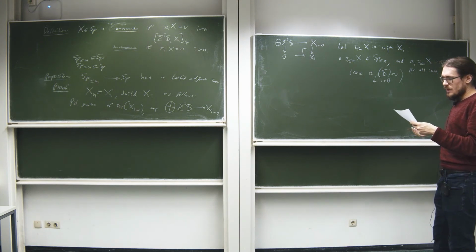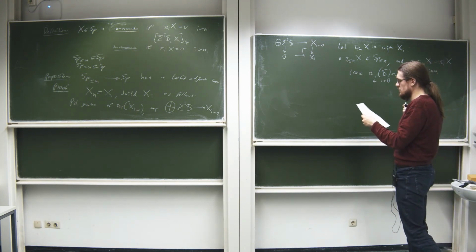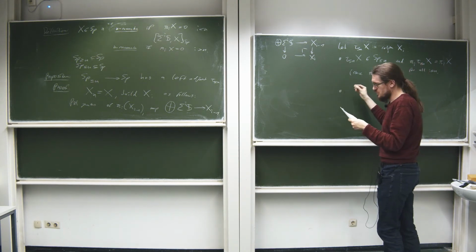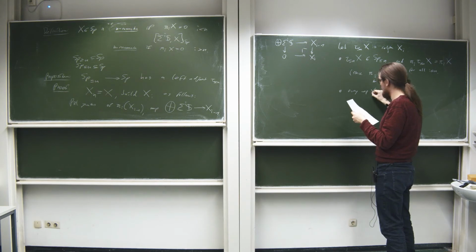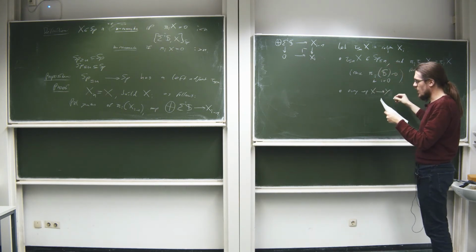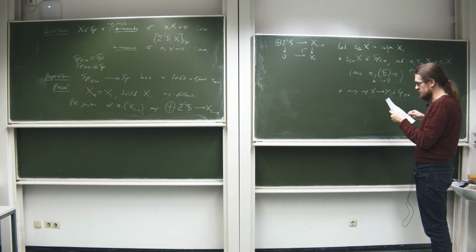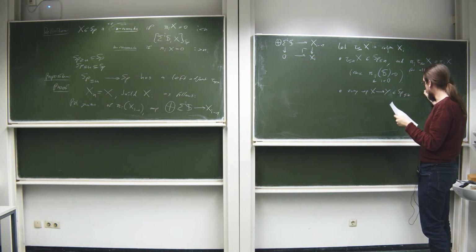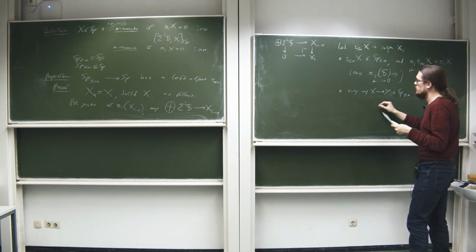Okay, and the other property is that every map x to y, for a co-connective n co-connective spectrum y, factors through all of these pushouts.